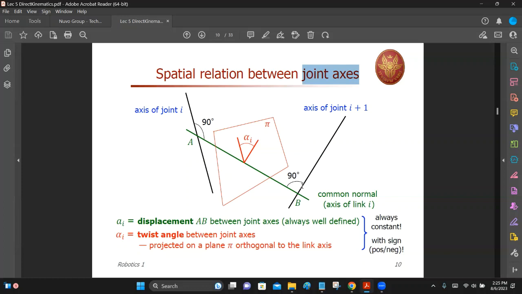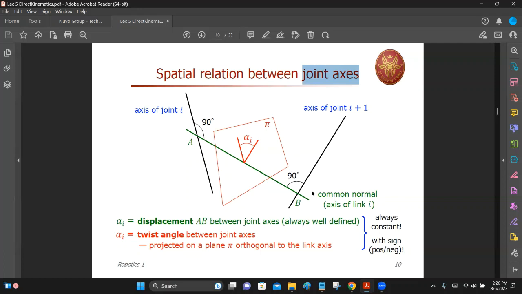Sometimes you might think these axes should be parallel to each other. Not so, because there can be a twist in the link. The lower end of the link has a certain orientation, and the upper end can be twisted or rotated by 90 degrees or whatever. So if you want to relate these two axes, we better use the common perpendicular between the two axes.